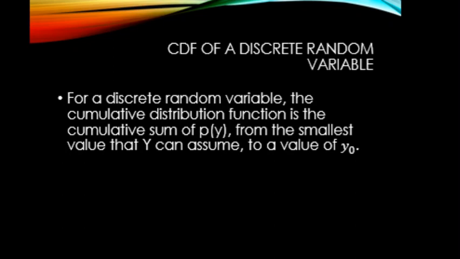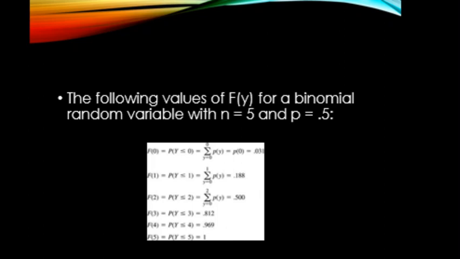When we say probability of y less than or equal to a certain value y0, then we have to add all the probabilities up to y0. So let's say the discrete values are 0, 1, 2, 3, and 4. And let's say we want to find the CDF at 2. So we will add the probability at 0, 1, and 2. So probability at 0 plus 1 plus 2. That will be the CDF for a discrete random variable.